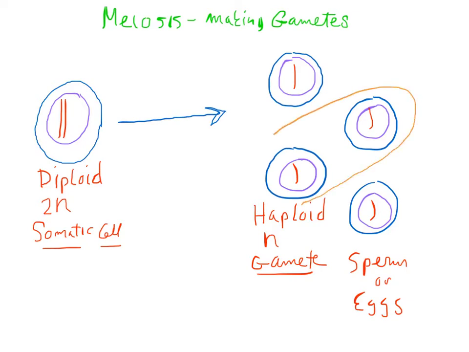Imagine these 2 gametes, one from a male and the other from a female. If they were to meet in the process known as fertilization, this chromosome would be combining with this chromosome to make a cell that looks very much like the original diploid somatic cell.